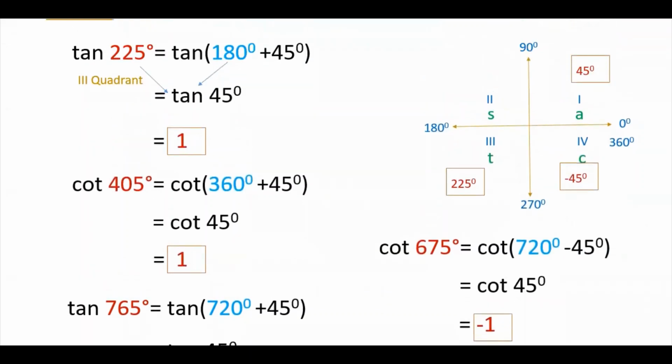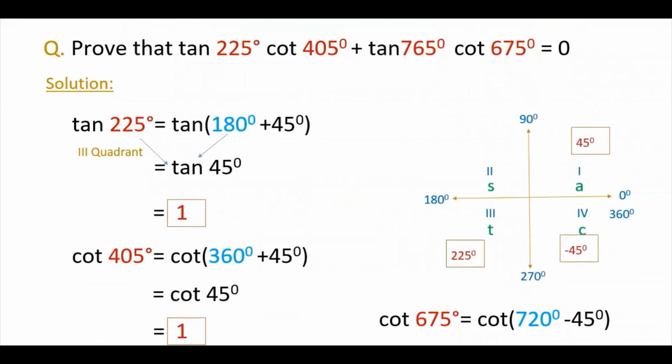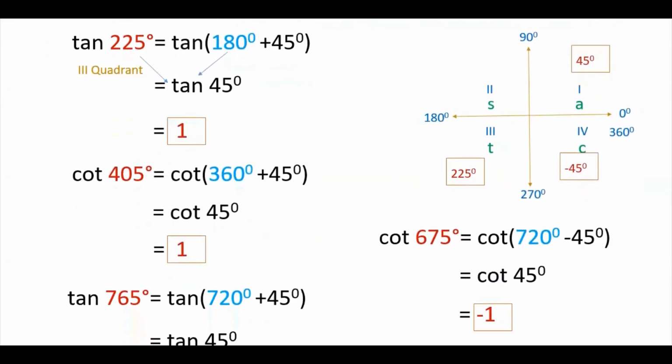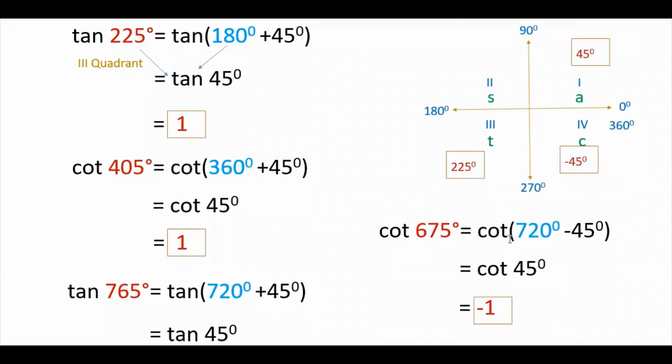And the last one is cot 675 degrees. So find this value. Cot 675 is equal to cot 720 minus 45. It is near to 720, so you can write like this: 720 degrees minus 45. So it is in this direction, a negative angle. Here minus 45 degrees is in the fourth quadrant.